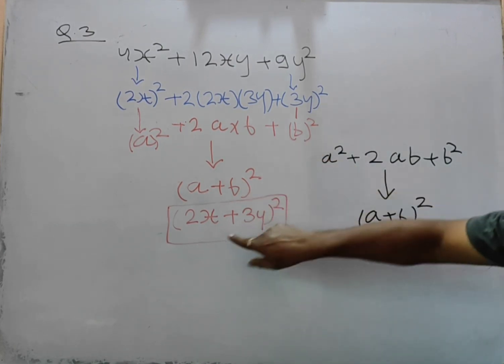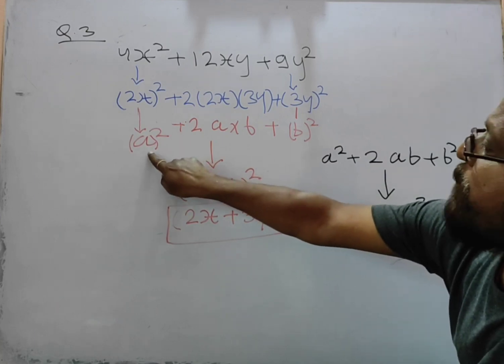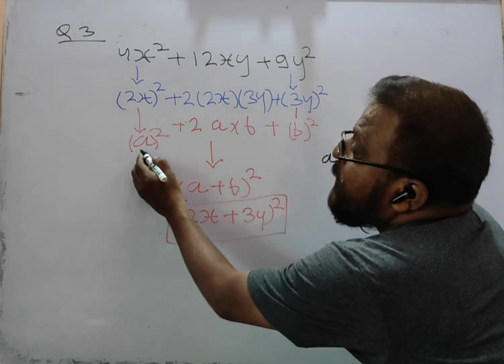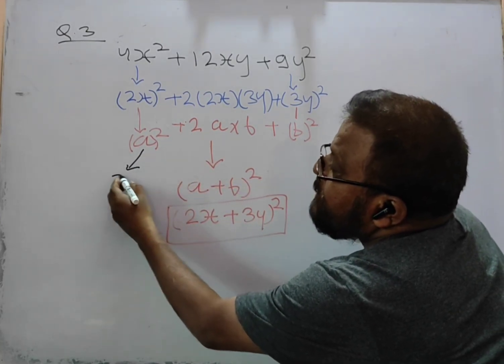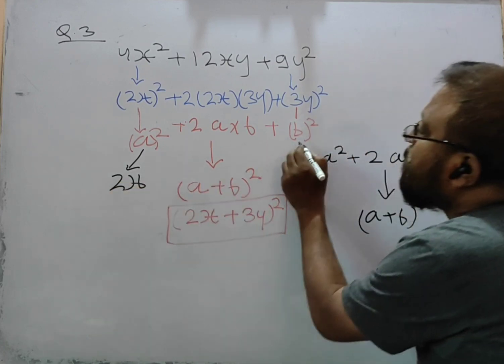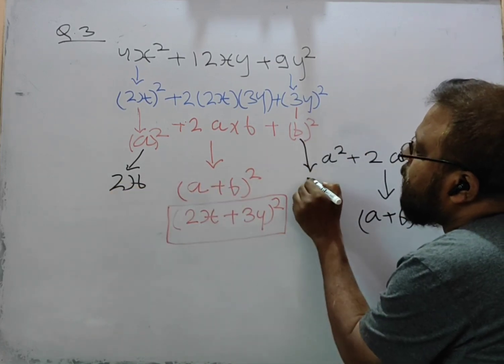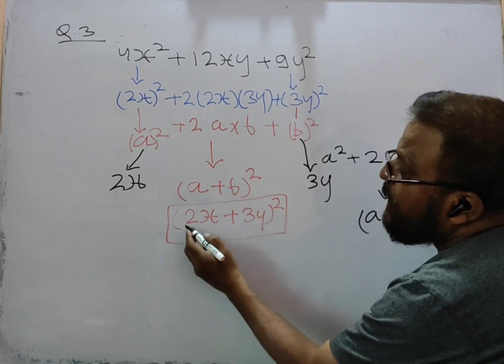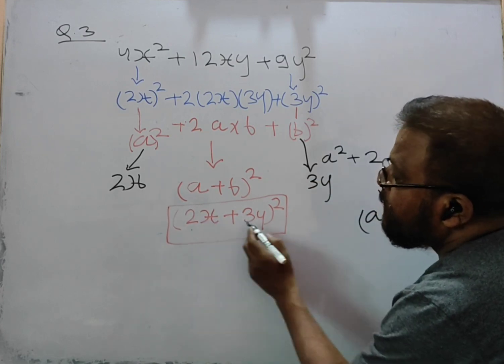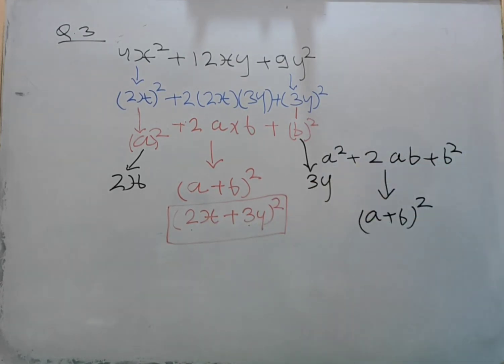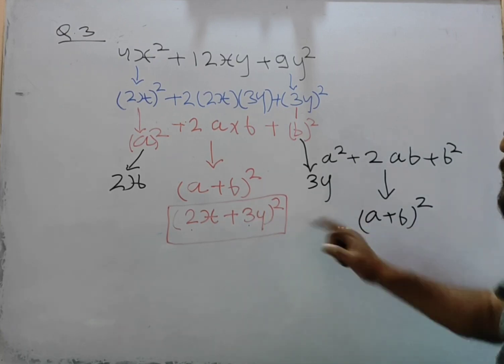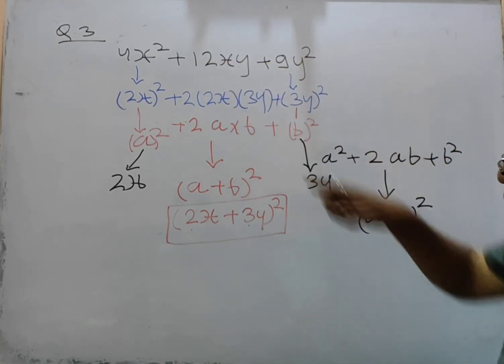So I converted it into that: this a is 2x and this b becomes 3y, so I write 2x plus 3y whole square. When you multiply these two, you will get the same equation again.